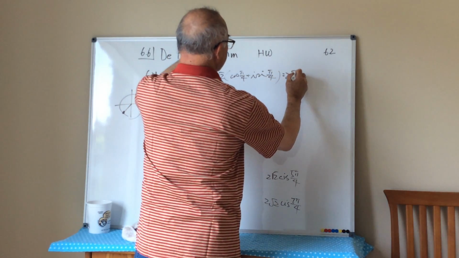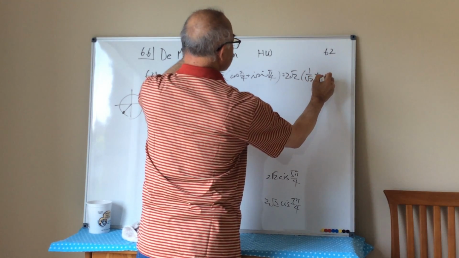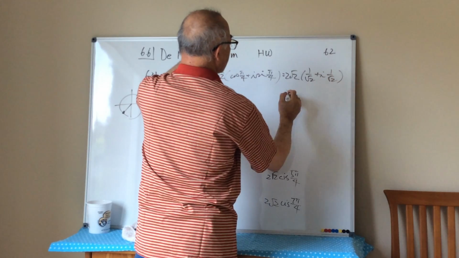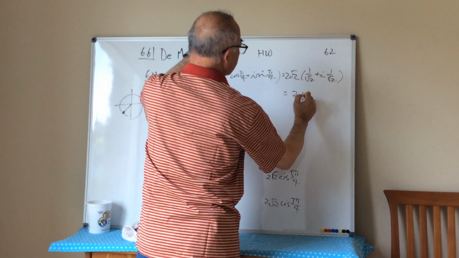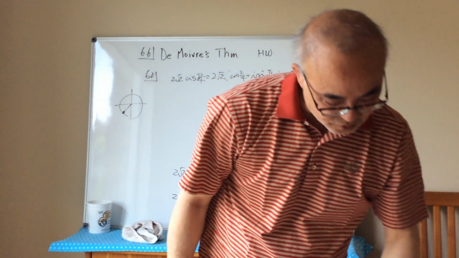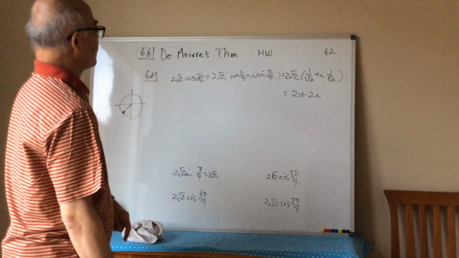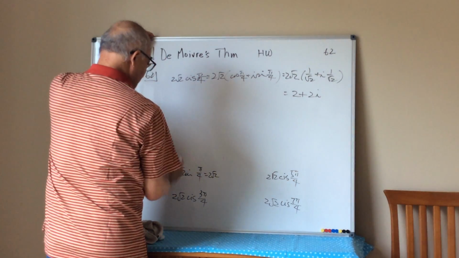So this is 2 root 2 times (1 over root 2 plus i times 1 over root 2). So I get 2 plus 2i. Was this the original one? What was the original, the one that they gave us? And there was a negative, okay. So that's the first one.